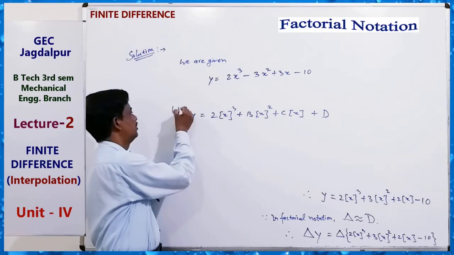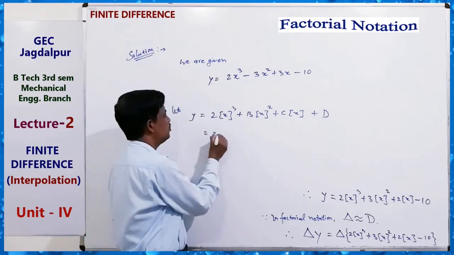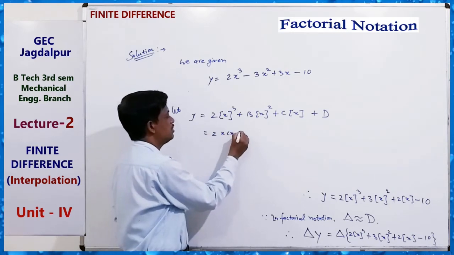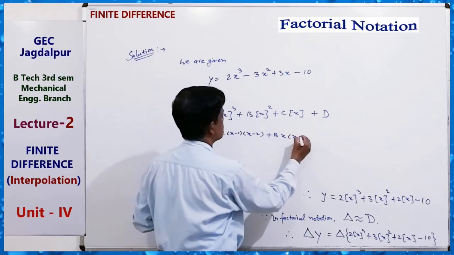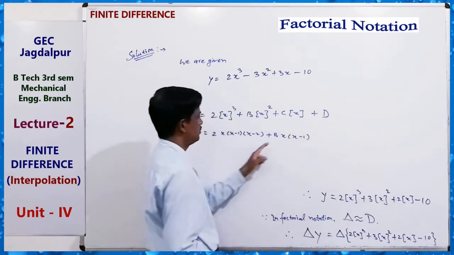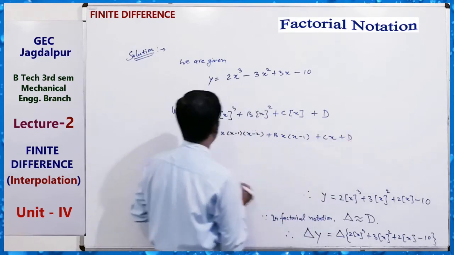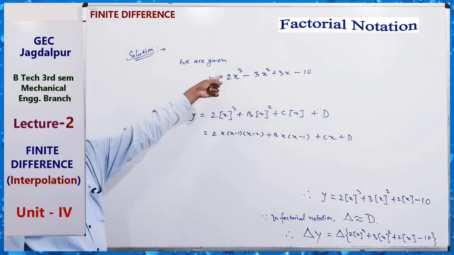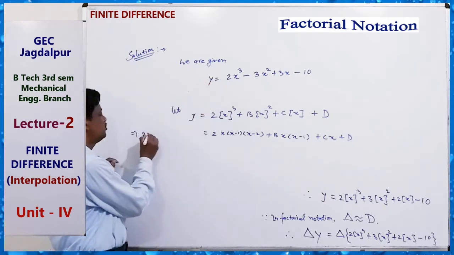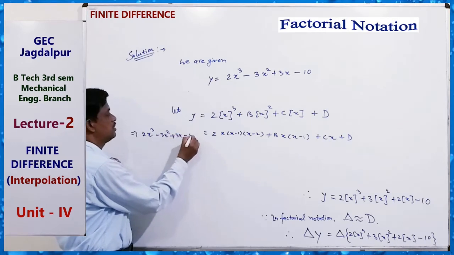Then we know that 2x means what? x into x minus 1, x minus 2, plus b x into x minus 1, plus c x plus d. And the left side is what? Y. Y means 2x cube minus 3x square plus 3x minus 10.